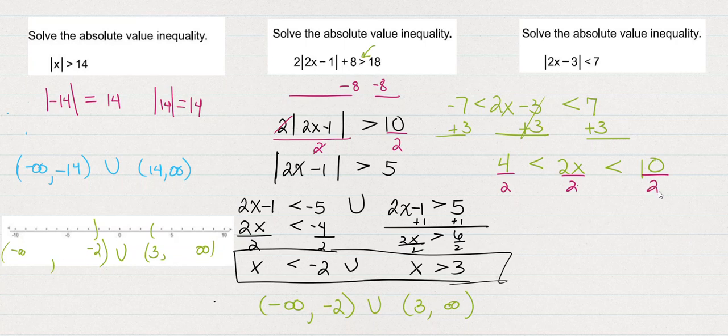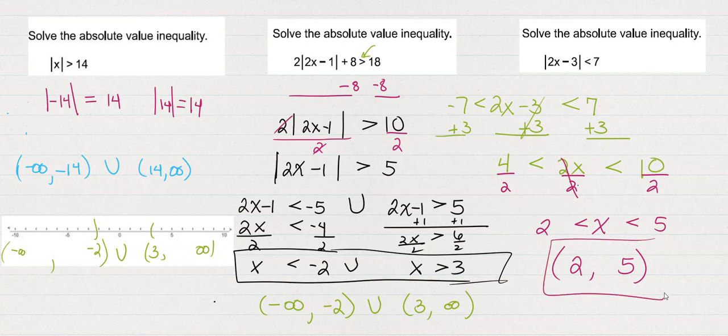We've got 3 pieces. Divide all 3 pieces by 2 to further isolate that x. And we get that x is between -2 and 5. Putting that in interval notation, we'd have the interval that goes from -2 exclusive, so I'm using a parenthesis, not including the -2, up to 5, and that's our interval notation answer.